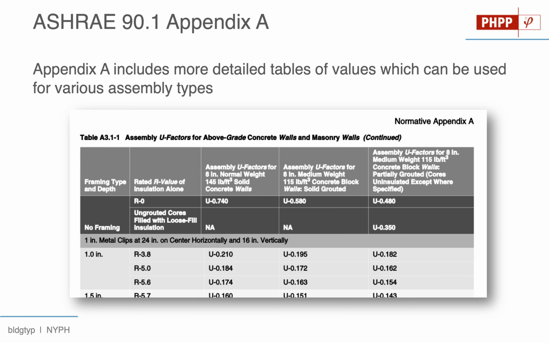There's a whole universe of different assembly types and giant tables that exist in Appendix A, and we can just go and find our assembly type and pull it from the table there and deploy it into our project.